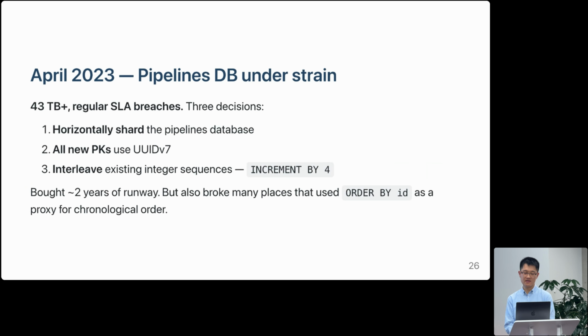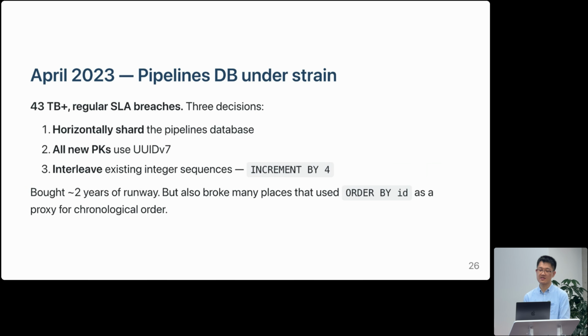So let's talk about another incident. As I mentioned earlier, we were breaching our SLAs. We had to horizontally shard the pipelines database, which was our big giant database at the time. We decided that all primary keys should use UUID v7, and for existing integer sequences, we did this interleaving strategy.